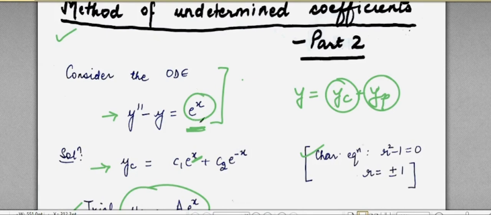So e to power x on the right hand side is the affected part here. Alright, so instead of e to power x, you will take x to the power as is the multiplicity of the root. The root has multiplicity 1 here. R equal to 1 is coming once. So instead of e to power x, you will consider the trial yp for x e to power x.